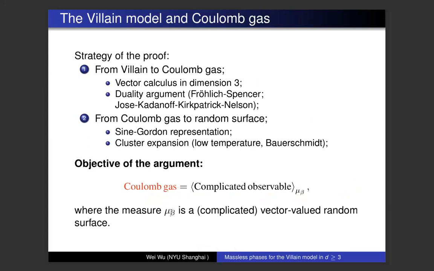There was this elaborate work by Fröhlich and Spencer, but they do things a bit differently, and they need infinitely many scales. What you end up with is not a simple Gibbs measure, but a mixture of many things. So presently that is a major problem for making this argument work.